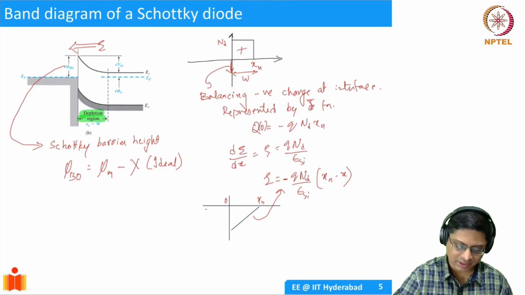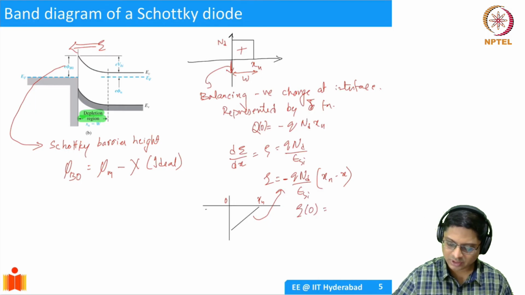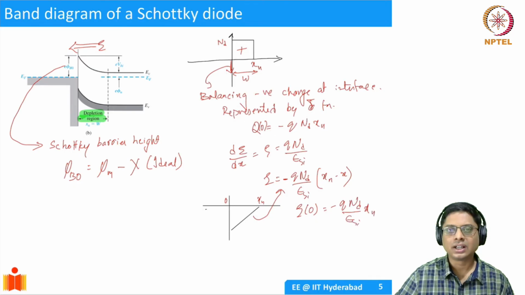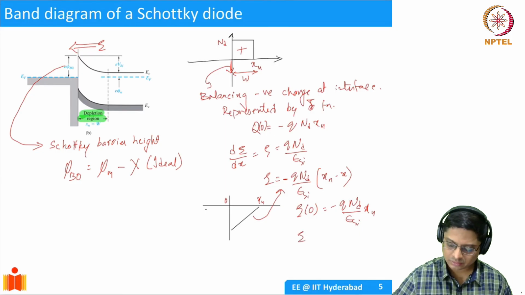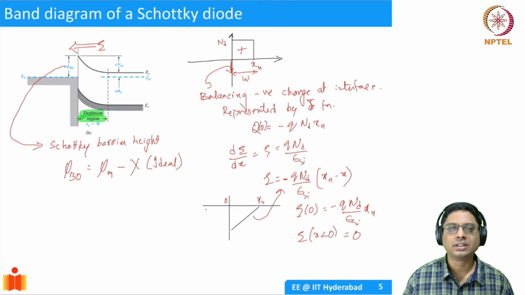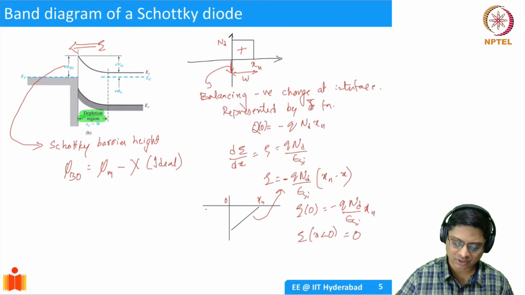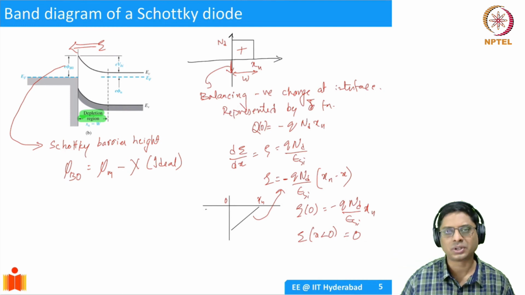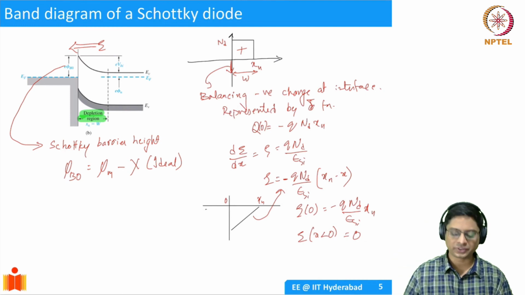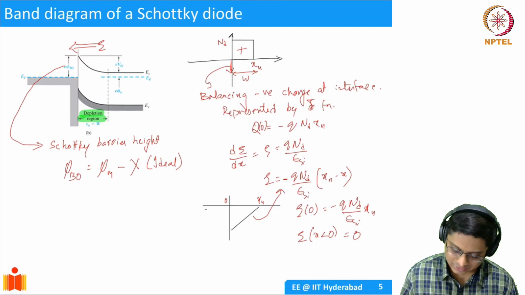E at 0, I could refer to as E0, will be minus Q ND by epsilon silicon times xn. And E for x less than 0 is equal to 0 because it's a metal. So that difference is going to be given by the surface charge, or the delta charge, whatever you have at the interface, because of the boundary conditions for E. All right, so we have the electric field.